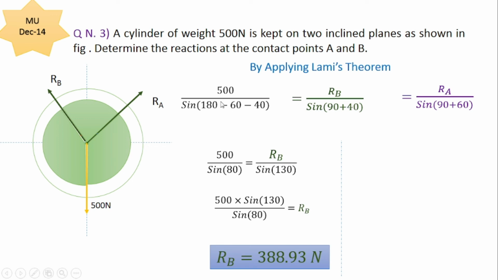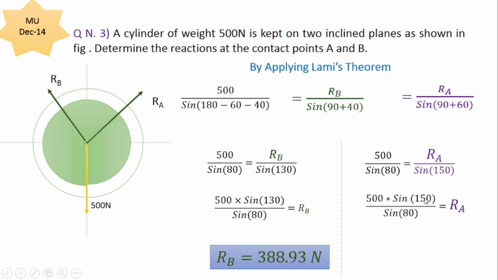Then we'll equate this side with the last one, that is RA divided by sine of 150. So 500 divided by sine 80 is equal to RA divided by sine 150. To get the value of RA, we'll multiply 500 by sine 150 and divide by sine 80. So RA is equal to 253.86 Newton.